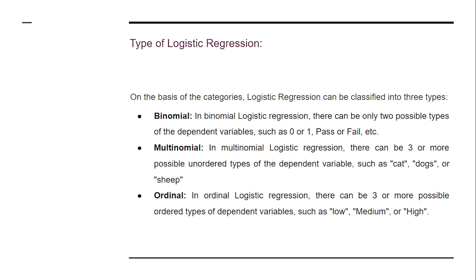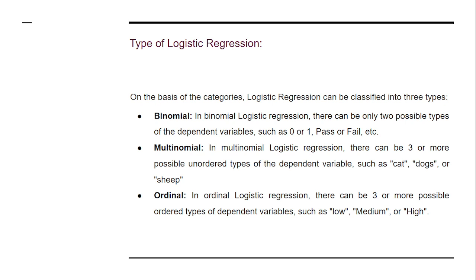In multinomial, we can have a minimum of 3 or more categories like cat, dog or sheep. Anything you can put here, not only cat, dog, sheep, you can put cat, dog, horse, whatever you like.